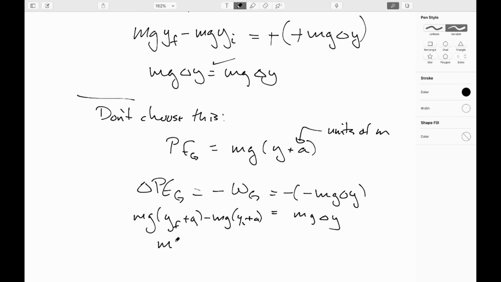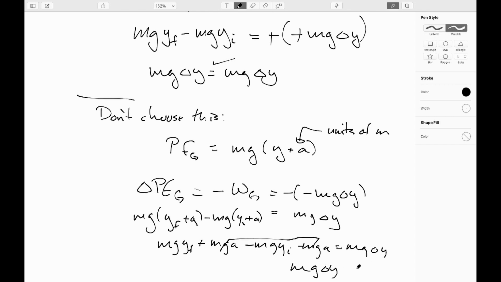So this would be mg y final plus mga minus mg y initial minus mga. Hey, those cancel. And this is mg delta y, and the left-hand side is also mg delta y. And so it's valid.